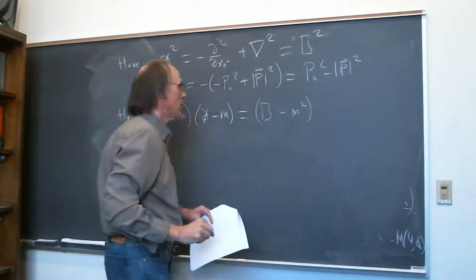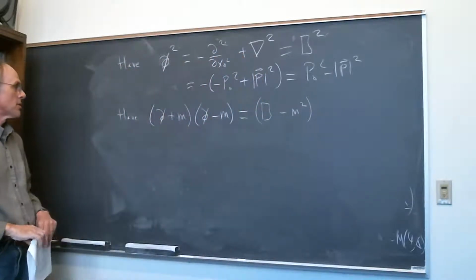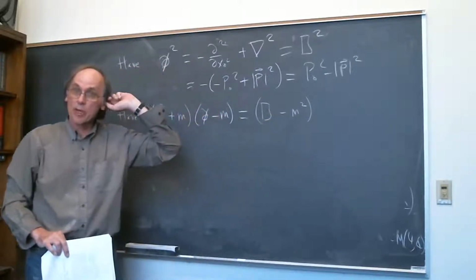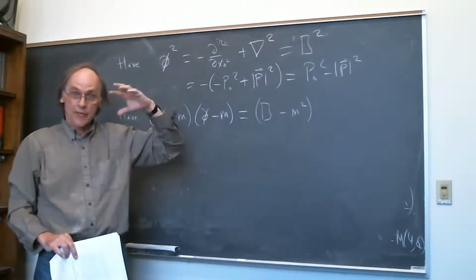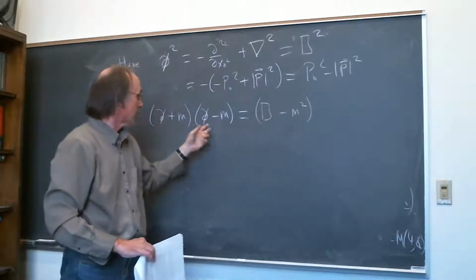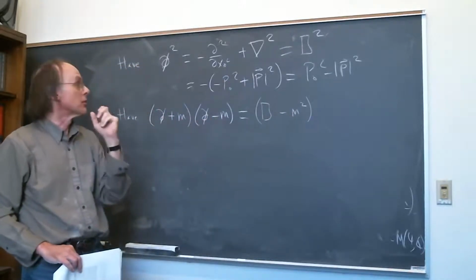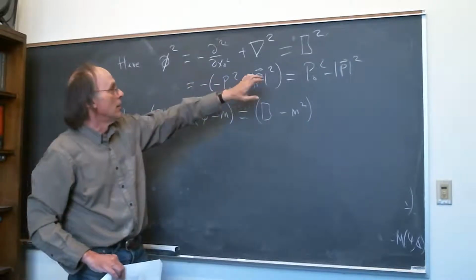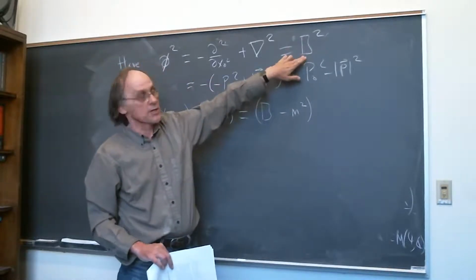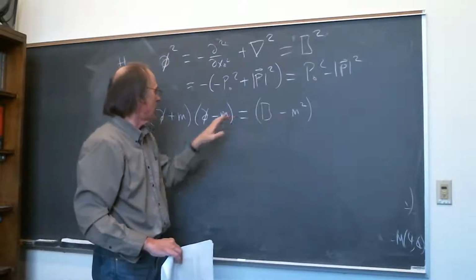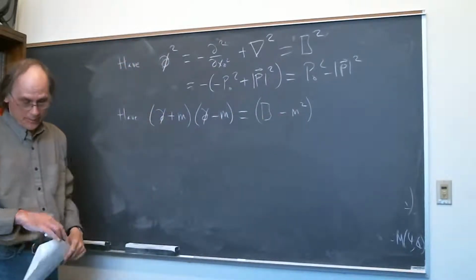The operator you know from the Klein-Gordon theory for the massive case actually factorizes in this way. The Lorentz invariant Laplacian is just a square, but if you put in a mass term, it factorizes in this way.